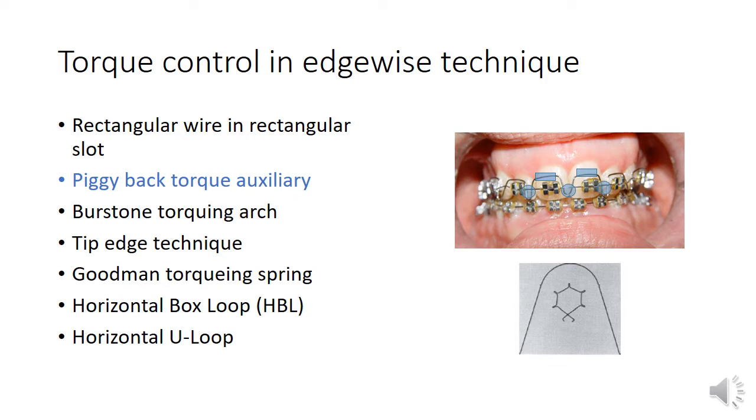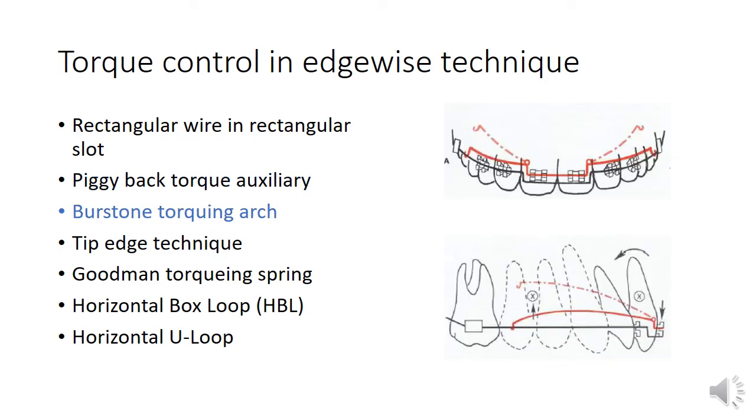Also, please note that the main arch should be heavy enough to prevent any kind of distortion of the dental arch. The Burstone torquing arch is particularly useful in class 2 division 2 cases where maxillary central incisors need a large amount of torque.